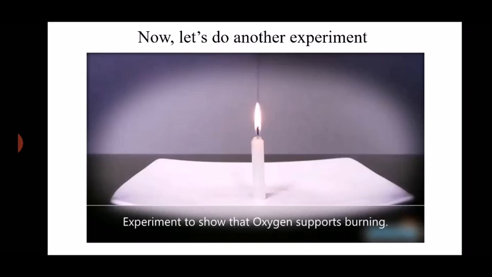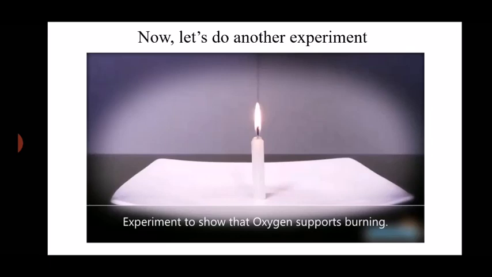Children, for the experiment you will need a candle, a slightly deep dish like a saucer, a glass tumbler and a matchbox. Take a slightly deep dish like a saucer and stand a candle at its center.